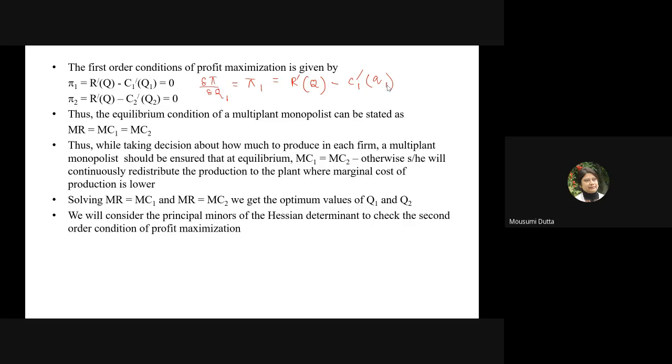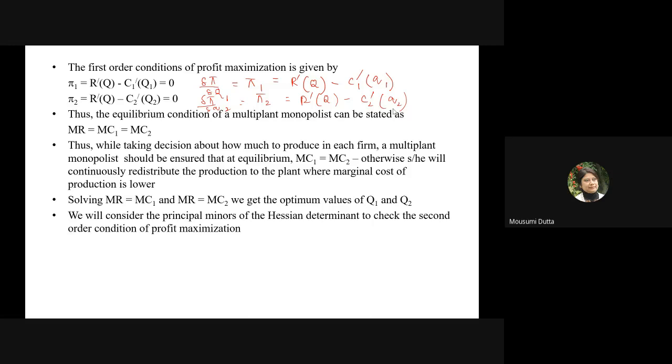In a similar fashion, we will derive del pi by del Q2, and that will be pi 2, which is equal to R prime Q minus, here in the C1 function there is no Q2, so C2 prime Q2. These two equations will be generated.